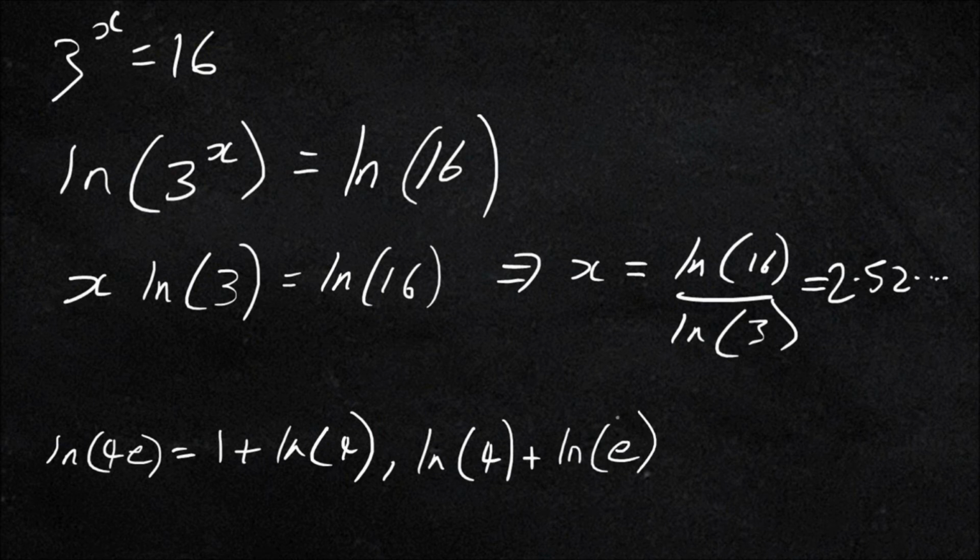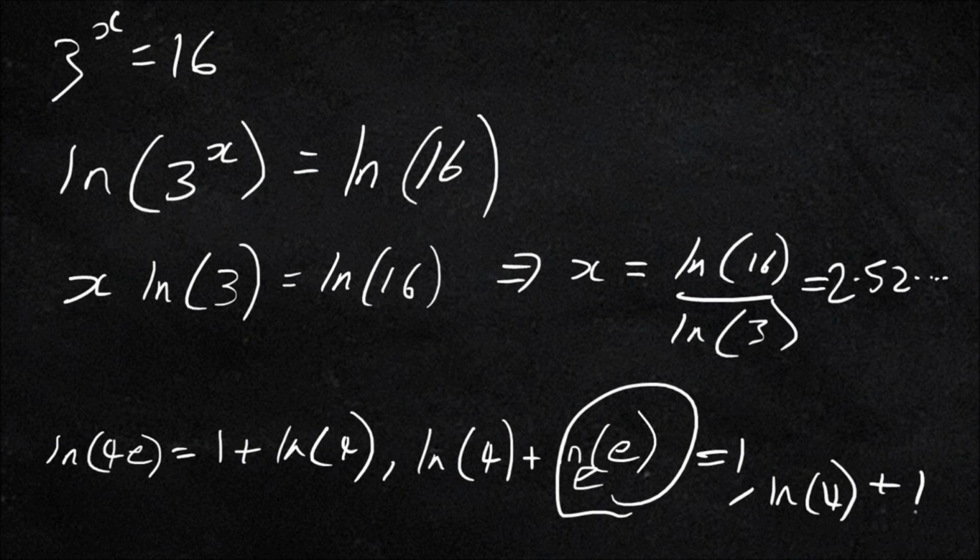We know this natural log is log to the base e, so what we're asking is e to the power of what equals e. We know that's e to the power of 1. So therefore, this value here is actually equal to 1. So we have ln 4 plus 1, which is our value here.